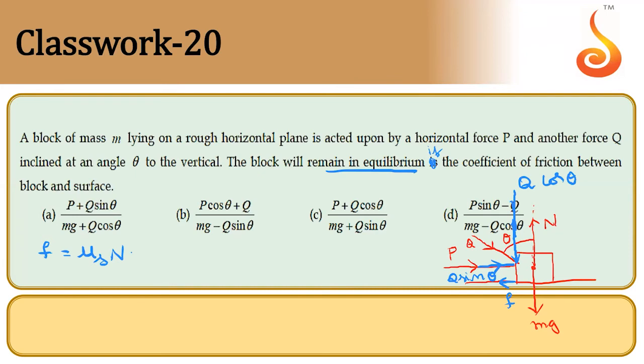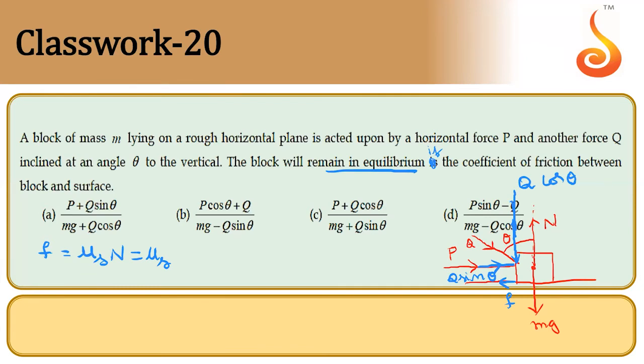So mu s into N, that should be equal to... Here they have given force Q is inclined at an angle theta to the vertical. So that means this is what they mean, right? So mu s into N is what?